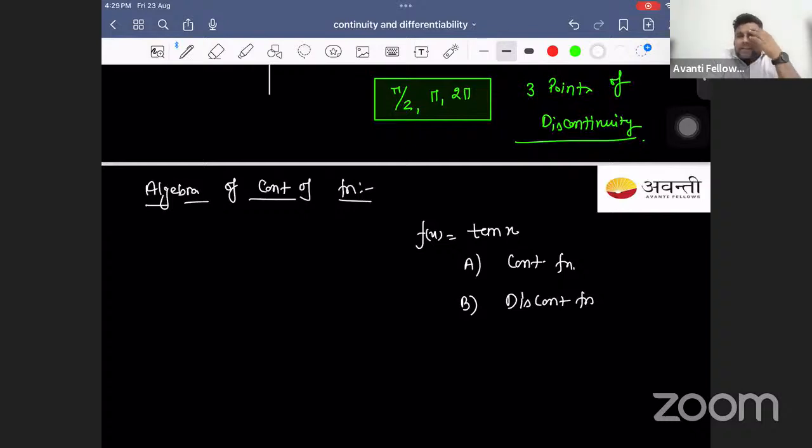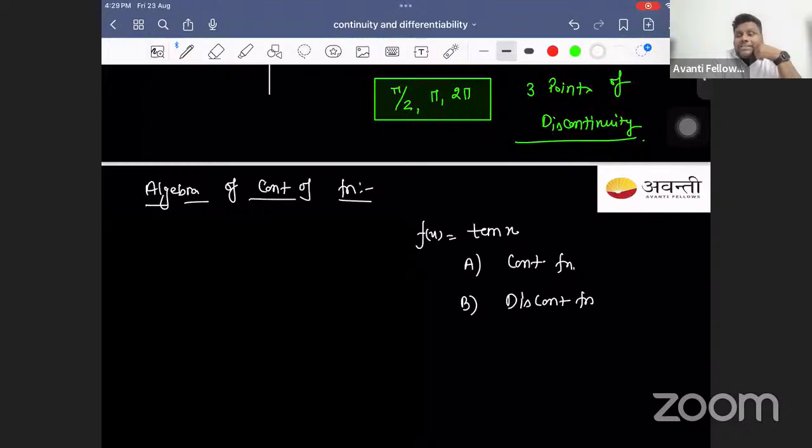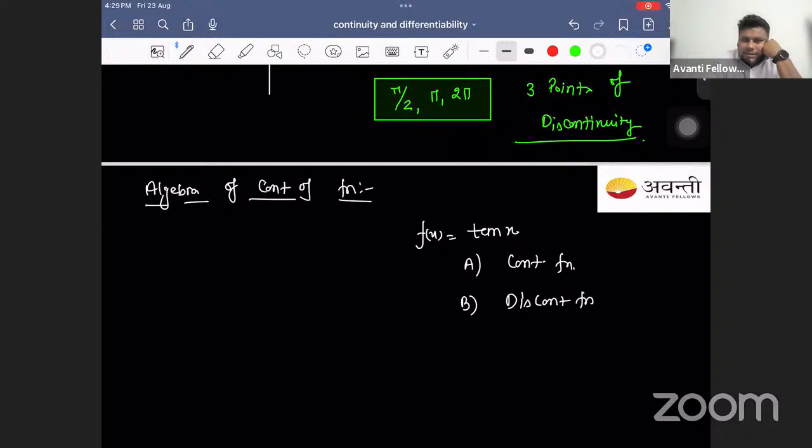Anybody who commented that tan x is a continuous function, please raise your hand, or unmute yourself and explain to me why. Whoever is saying tan x is a continuous function, just speak up, please. Anybody?